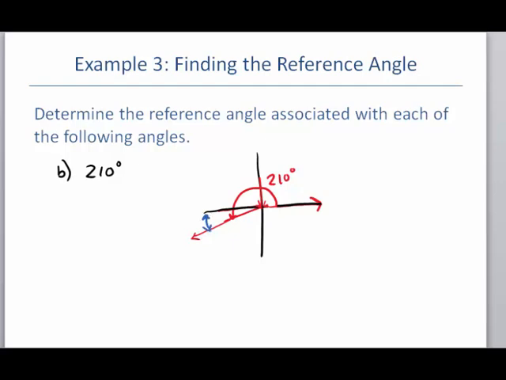And so that blue arrow is going to represent your reference angle. And what is the measurement of that angle? Well, if our original angle is 210, and we know that this straight across line is 180, then the reference angle is going to be the difference between the two. And so for us, 210 minus 180 is going to give me a reference angle of 30 degrees.